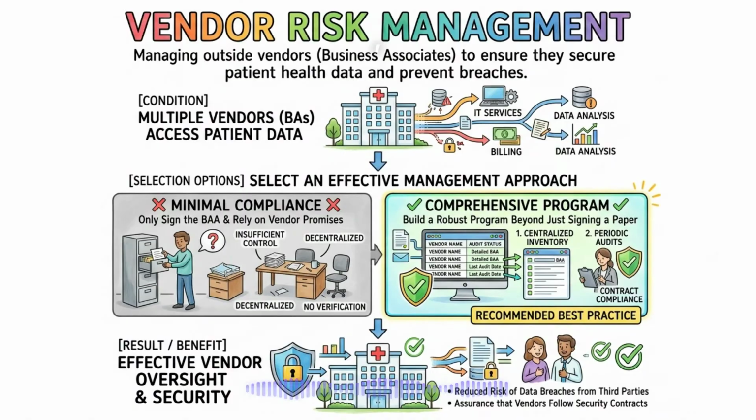A well-managed program will maintain a detailed, centralized inventory of every single business associate the hospital uses. Furthermore, the Privacy Office should periodically audit these vendors to ensure they are actually following the security measures they promised in the contract. Vendor risk management is a growing focus on the CHPS exam due to the high number of data breaches caused by third parties.